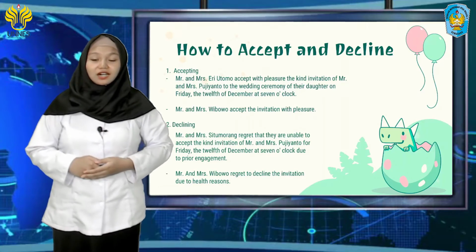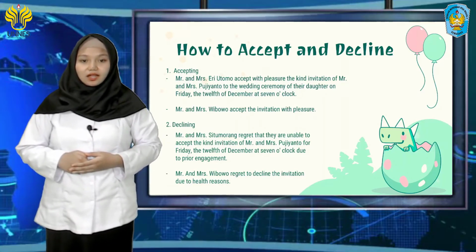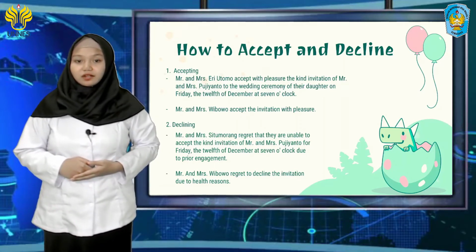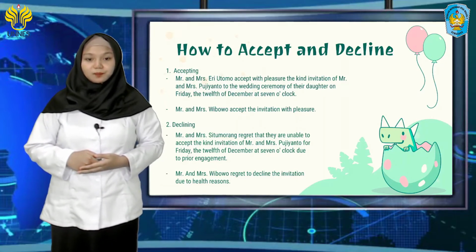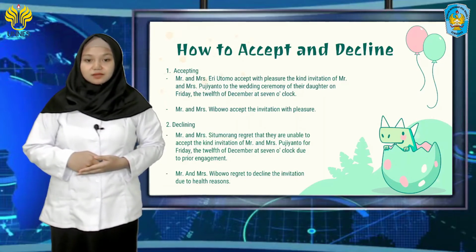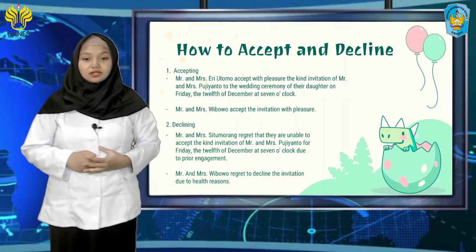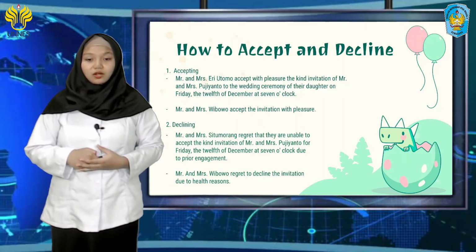So here is the declining, and the reason is really clear, due to prior engagement. So Mr. and Mrs. Tumorang cannot attend the event. And the second one, Mr. and Mrs. Wibowo regret to decline the invitation due to health reasons. There is a reason why they cannot join the event.